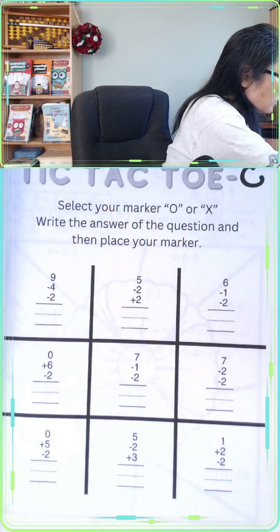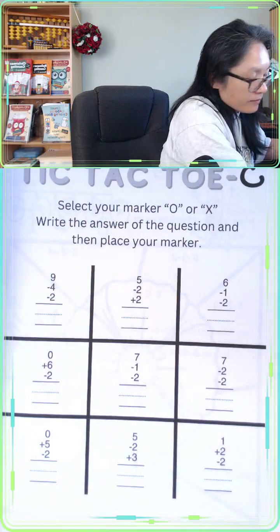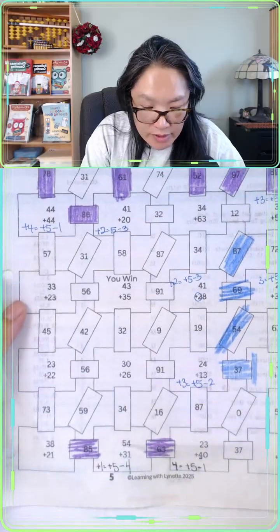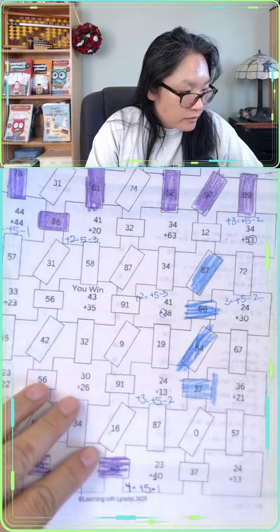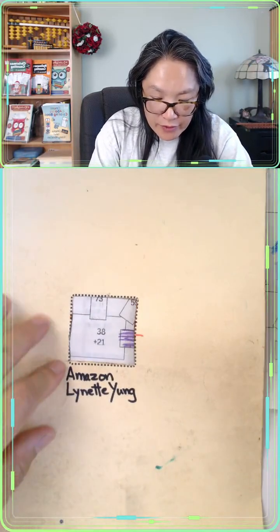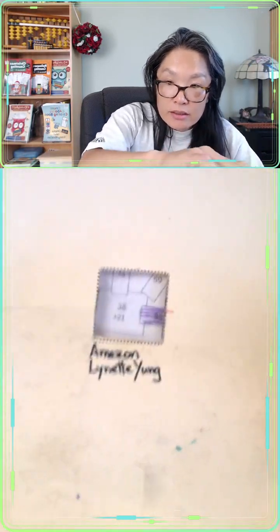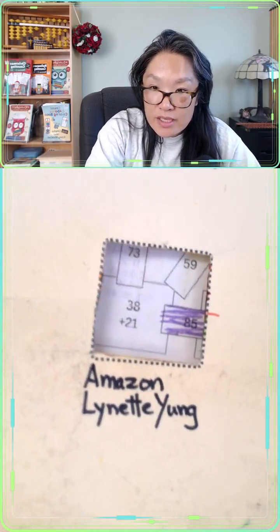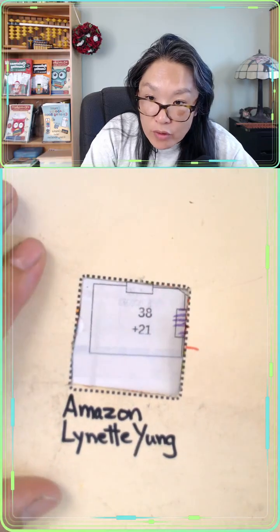So when we do double digits, this is double digit, but if you notice, it stays within. There is no carrying over, right?